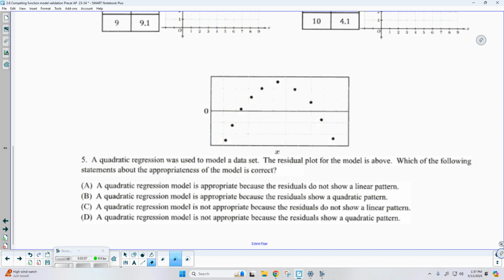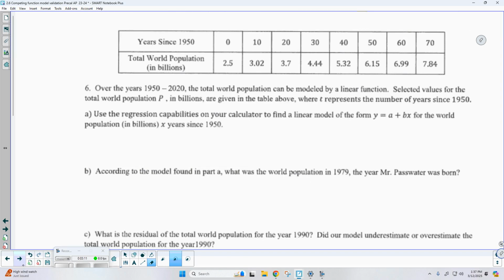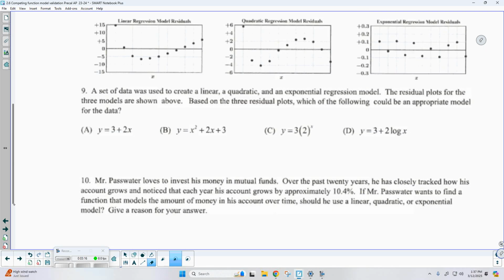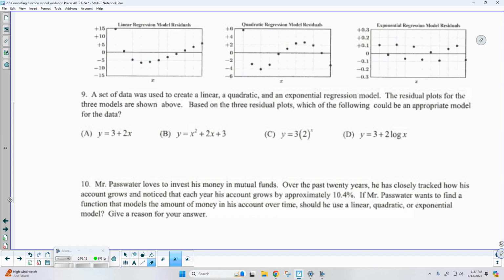Fair. What's that? 9. Let's take a look at 9. All right. A set of data was used to create a linear, quadratic, and an exponential regression model. The residual plots for the 3 models are shown above: linear, quadratic, exponential.